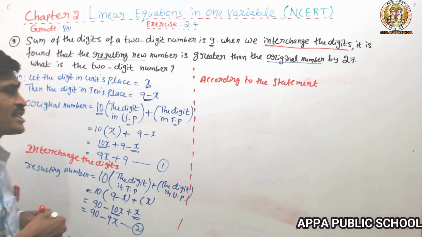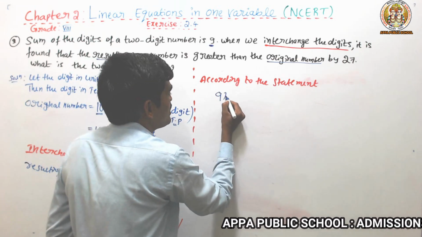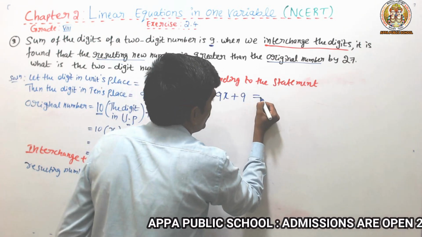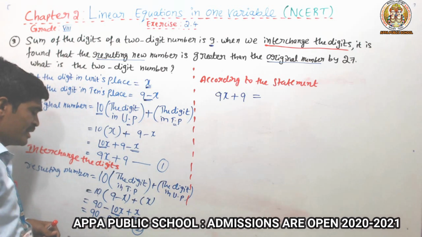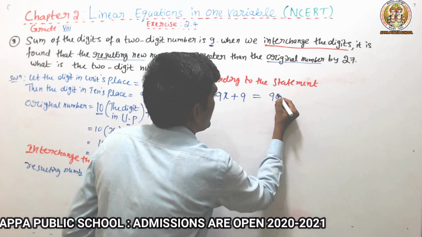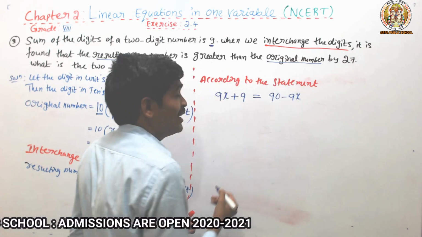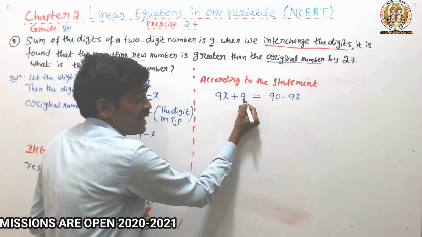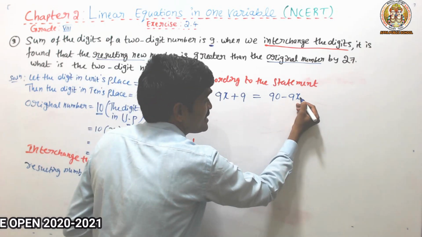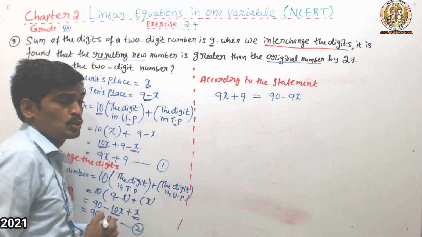Original number means, we already got in equation 1, 9x plus 9. Resulting number means we already got 90 minus 9x. Observe carefully. Original number means 9x plus 9. Resulting number means 90 minus 9x, from equations 1 and 2.